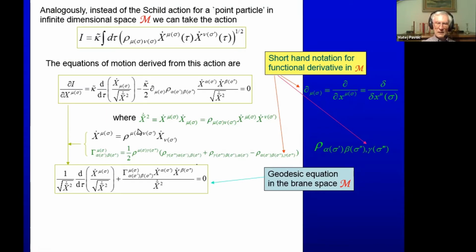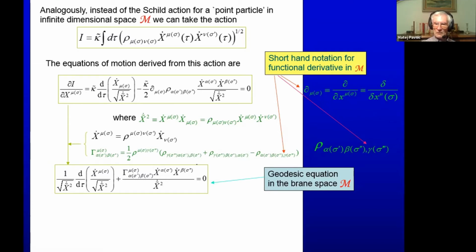Now, what is interesting is that we can derive the equation of motion by performing functional derivatives with respect to these coordinates here. A functional derivative is usually denoted with this delta over delta x as a function of sigma, but in our notation, I can just write a partial with respect to partial x of sigma, because a functional derivative is like a partial derivative in infinite dimensions.